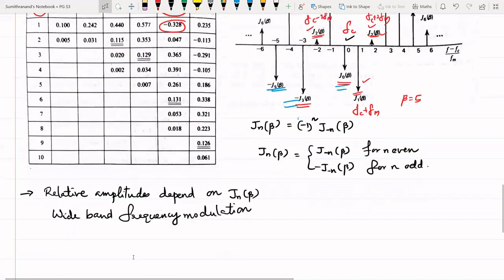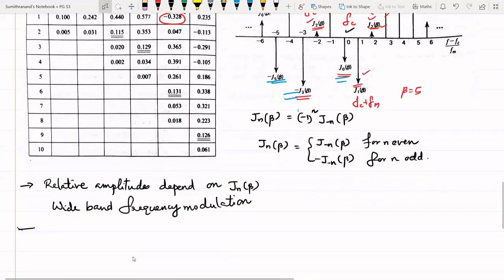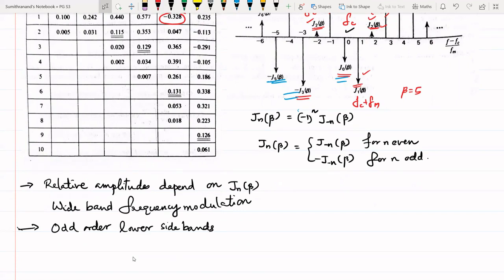Here you can see the lower sidebands. These all are the lower sidebands, and in all these cases the sideband components are reversed in phase. So that is the phase relationship between the sideband components. That's an important point: the odd order lower sidebands are reversed in phase.